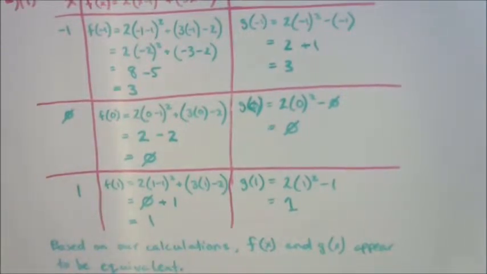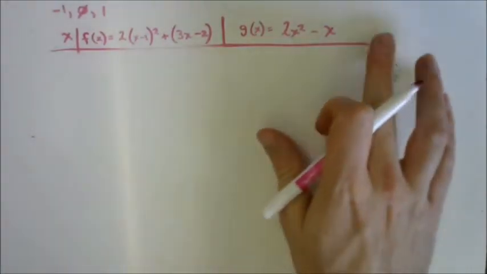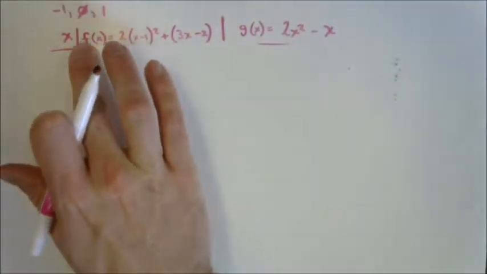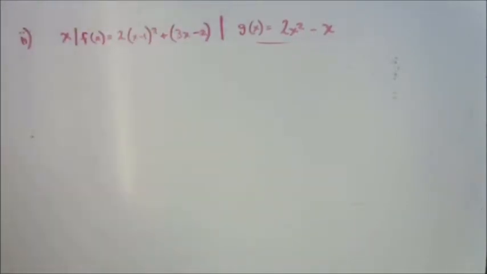Okay, the next step is to test whether or not they're the same by simplifying one of the functions in the pair. So we're going to use the same 2 functions, which are right here. But in step 2, we're going to do this by simplifying each function.